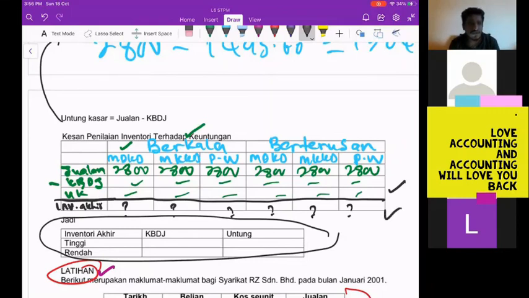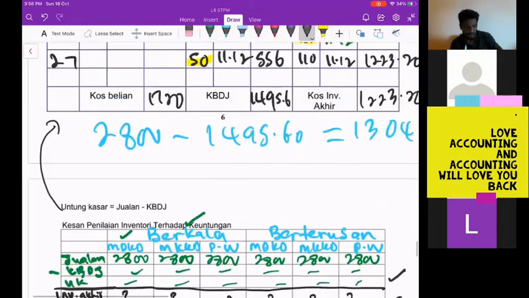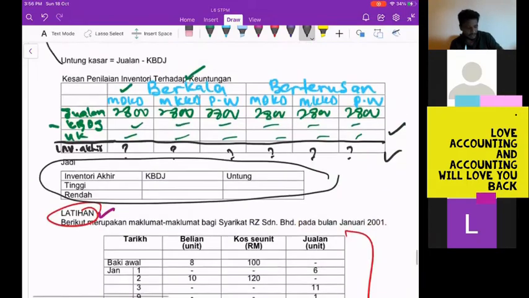You fill in this first, and then next week we will do the analysis. Any question? Yes, sir. Okay, you just copy this, then the table is you just go back to all these answers. I want the cost barang dijual, untung kasar, and inventory akhir only. Next week I will show you the answer, and then we will discuss the effect on this.